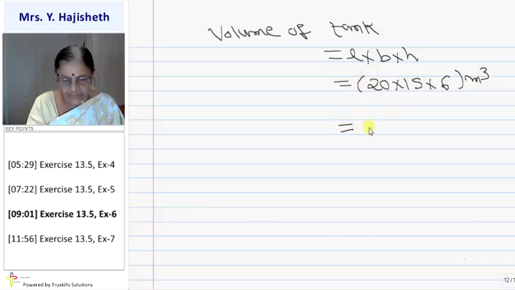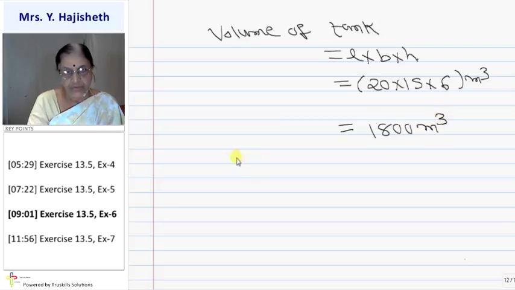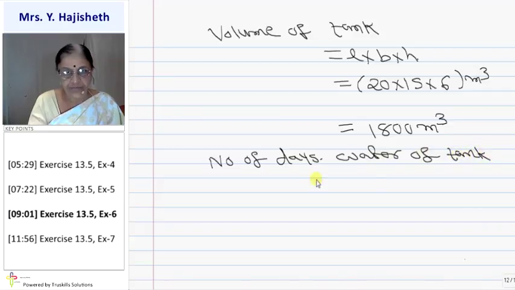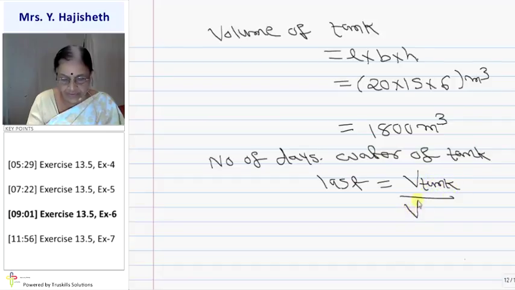So it is 1800 meter cube. Okay. So number of days water of tank last is total volume divided by volume required per day.